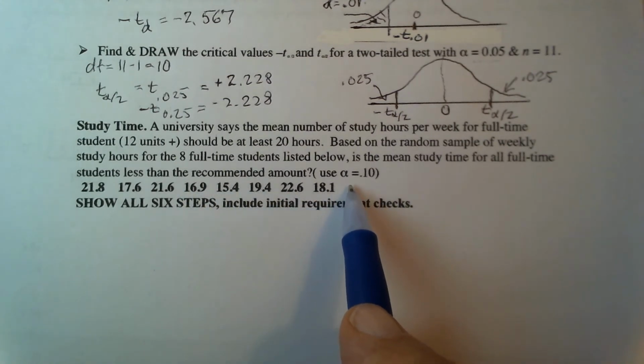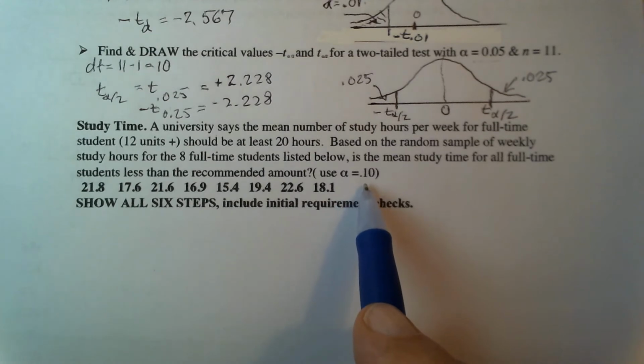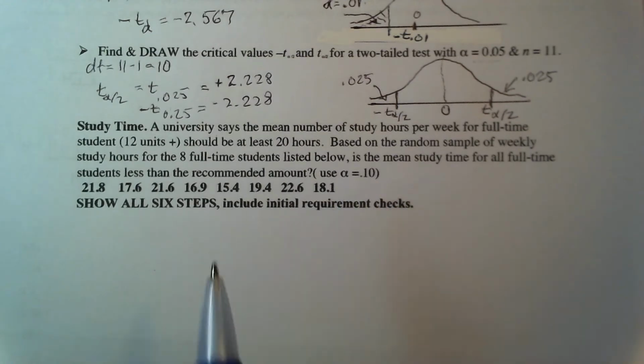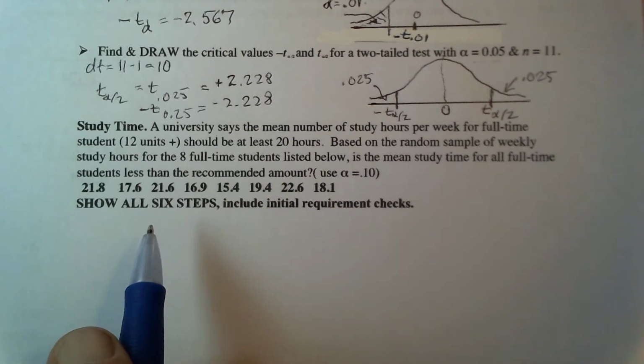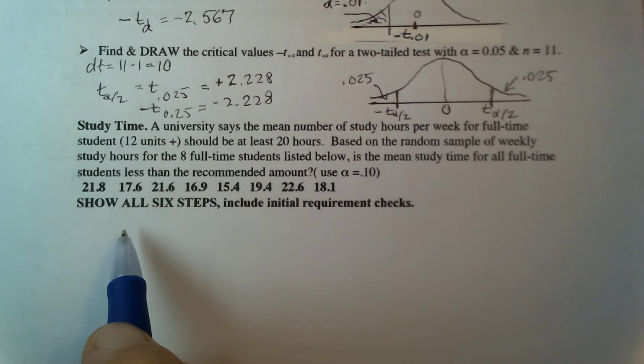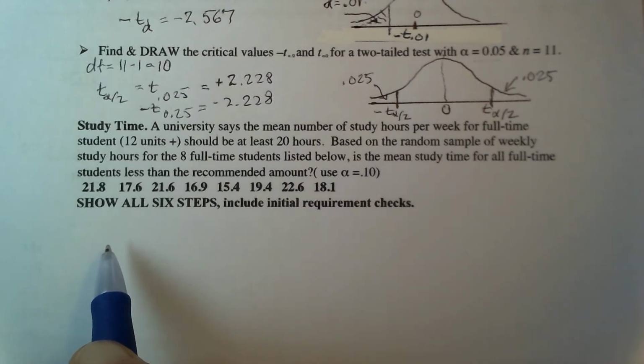And here we're supposed to use an alpha of 0.10. When we check our data for normality requirements and outliers, we find it is somewhat normally distributed and there are no outliers. And so let's go through the steps.